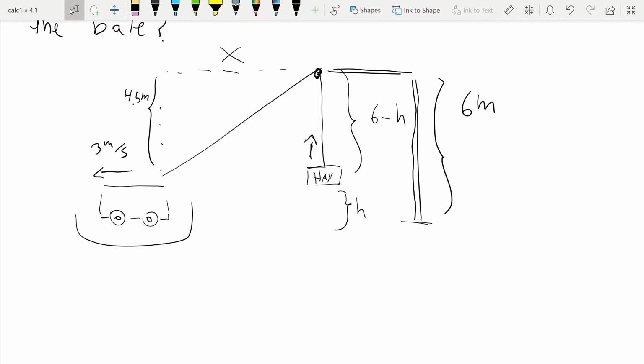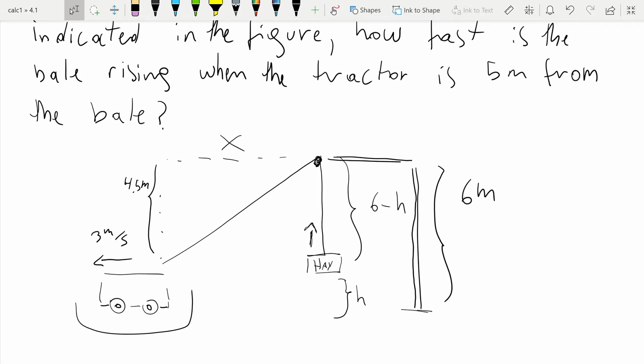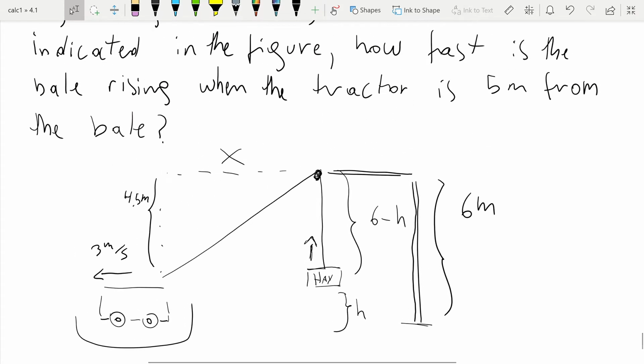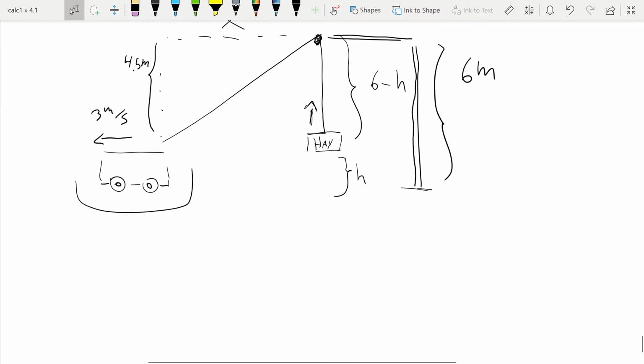So we see, as before, that we will have to use some sort of constraint to relate the speed of the tractor and the speed at which the bale is rising, and use implicit differentiation to obtain that information.